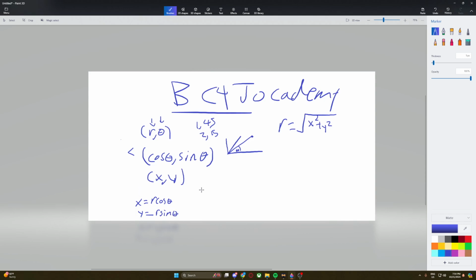So when you square them, you get Pythagoras: x squared plus y squared equals r squared cosine squared theta plus r squared sine squared theta, so that's just 1 times r squared.